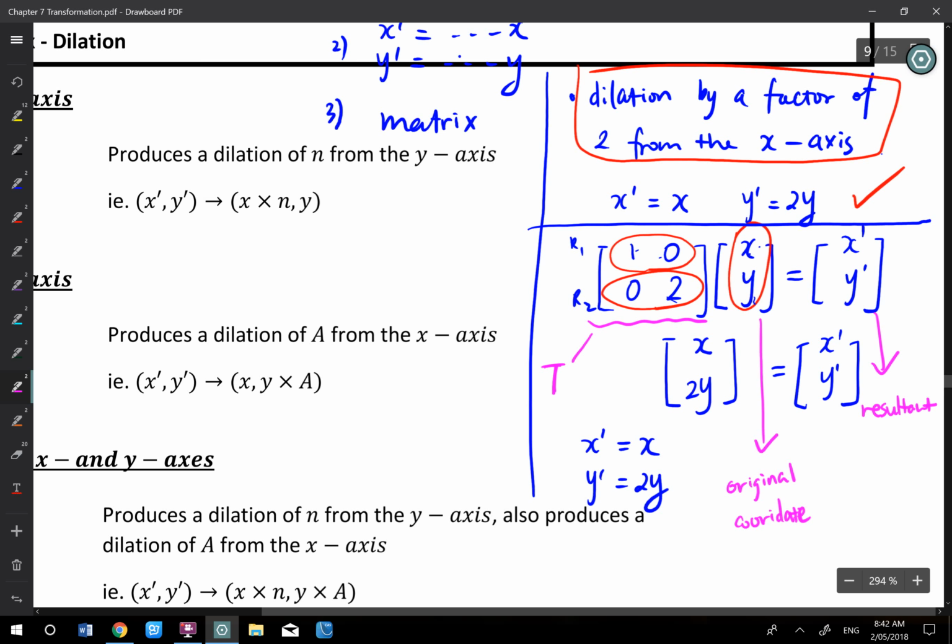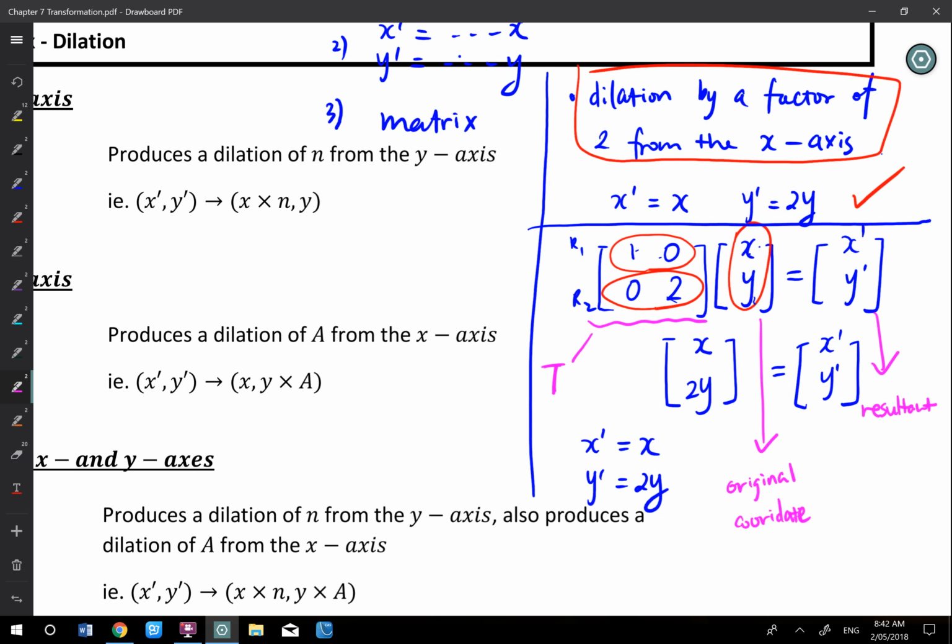So the resultant coordinates equal the transformation matrix times the original coordinates. You can't swap the order of the original matrix and the transformation matrix, because if you swap the order, they can't be multiplied together. A 2 times 1 matrix can't be multiplied by a 2 times 2 matrix. So it must follow this particular order: transformation matrix in the front, and then the original matrix there.